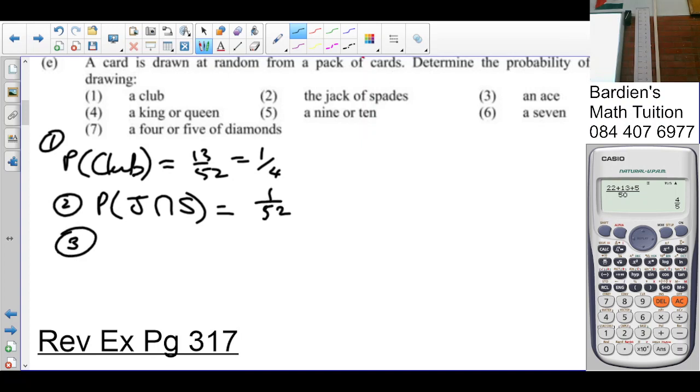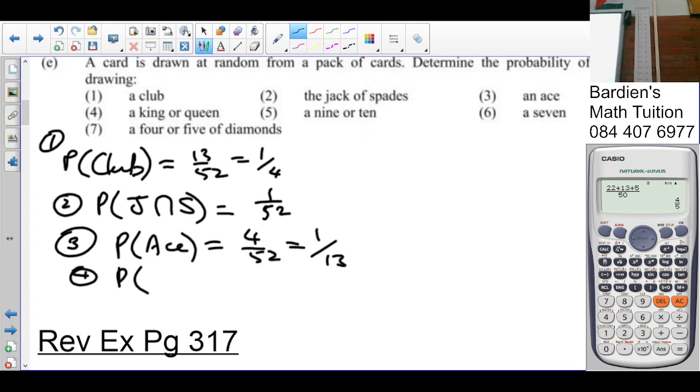Number 3 says an ace. How many aces are there? 4. So it's 4 out of 52, which is 1 out of 13. Number 4. King or queen? Is that going to be the intersection or union? Union. Why? It says or. If it says and, it will be the other way, no?